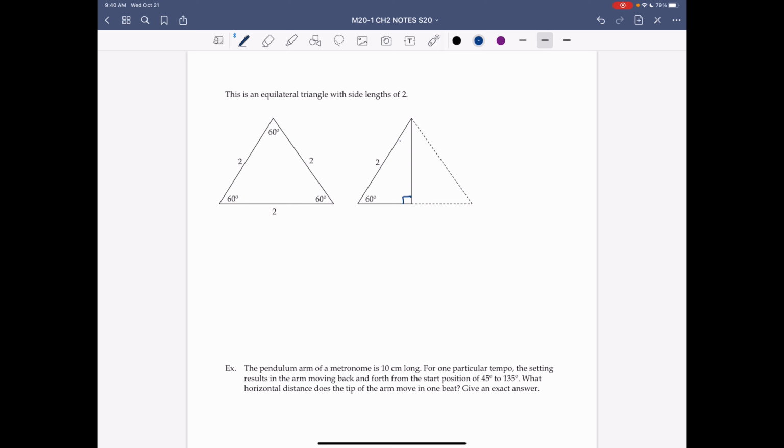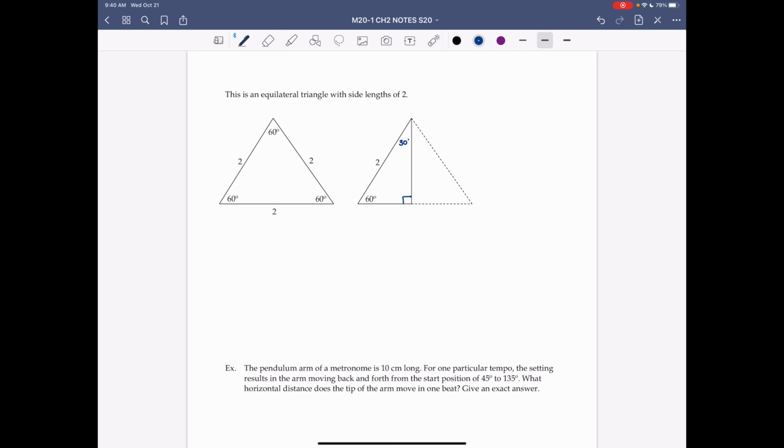The other acute angle would be 30 degrees, because again, we cut it down the middle. This angle at the top would divide by 2, become 30. We could also see that if we add 90 and 60 and 30, we get 180.